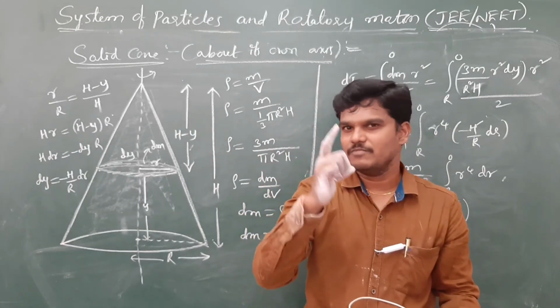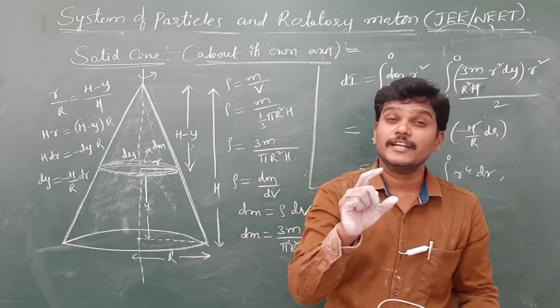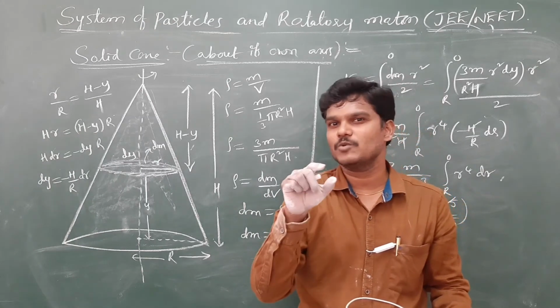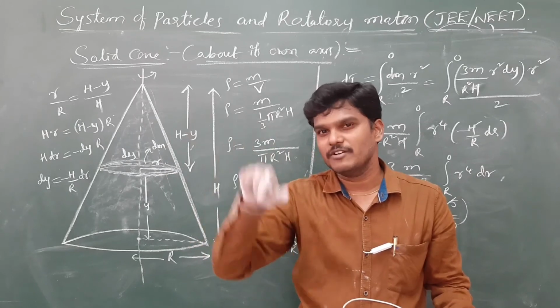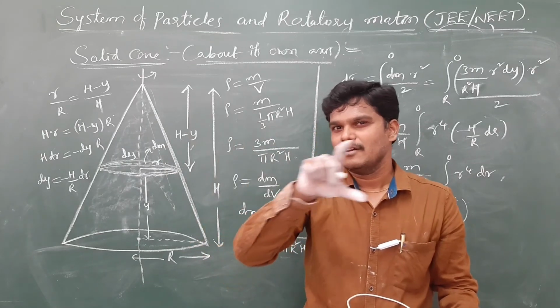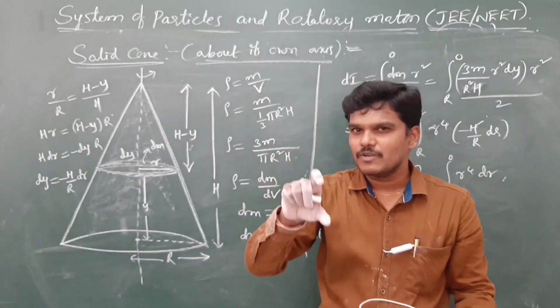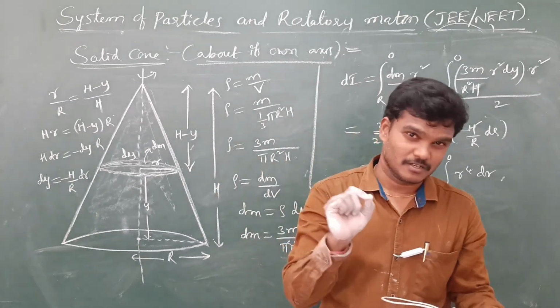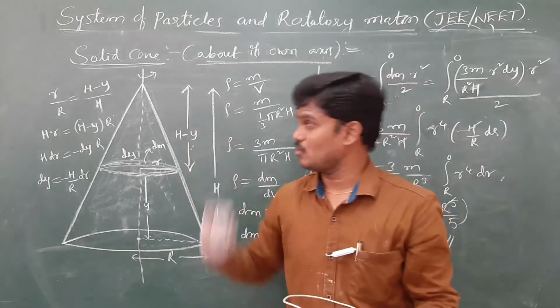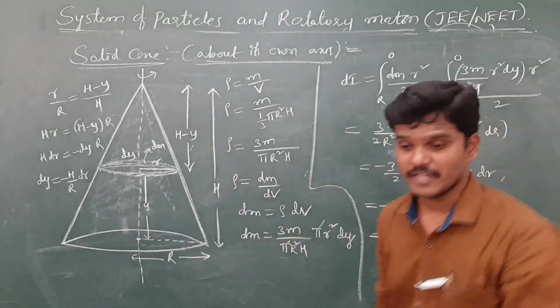Keep all the values in mind. Later, solid cylinder: ml square by 12 like a rod, and about its axis, mr square by 2. Hollow cylinder, m(l square by 12 plus r square by 2). Solid cone, 3 by 10 mr square.